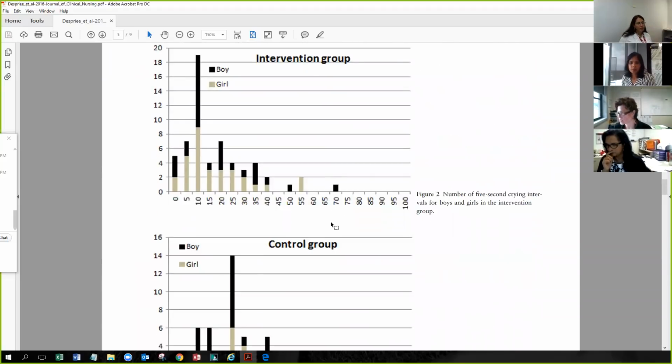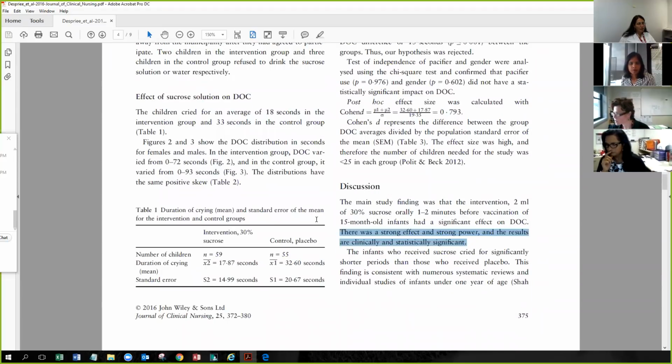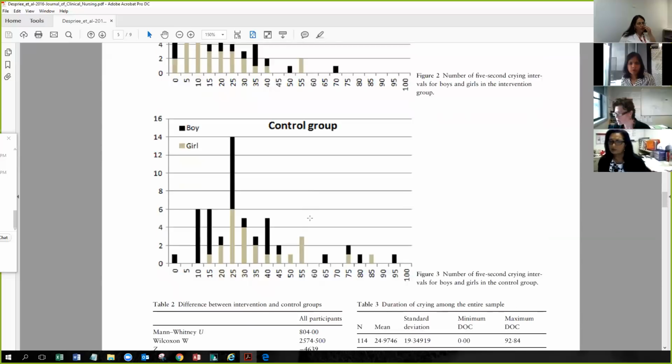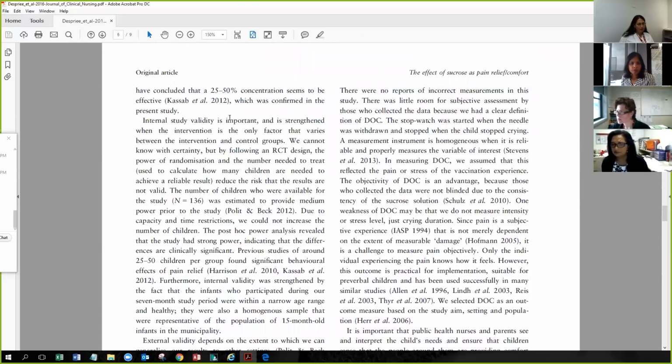I just wanted to ask you, Shija, if this can also be, 25 to 50% concentration seems to be effective, which was confirmed in the present study. Could that also be taken as result, even though it's in the discussion part? Maybe that's also there in the result, which they are repeating and supporting it.